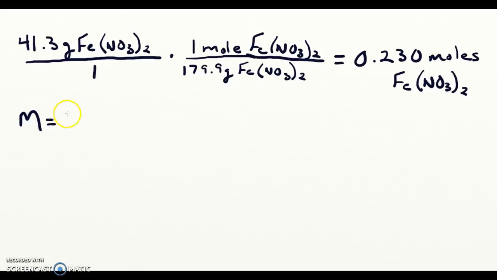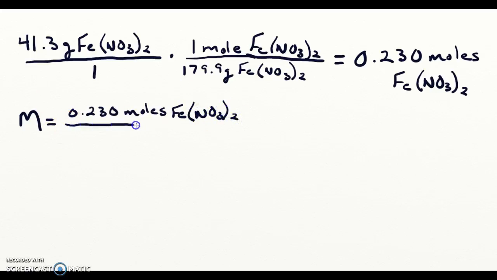The number of moles is right here, 0.230 moles of iron nitrate divided by 0.100 decimeters cubed of solution.